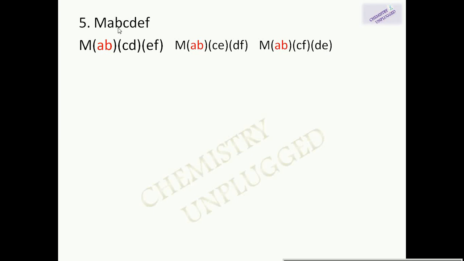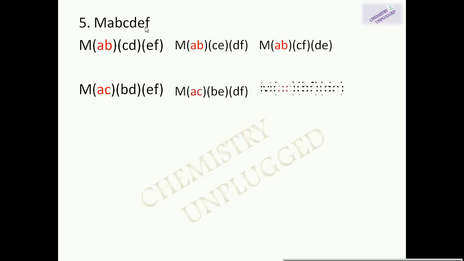So when we keep AB constant, then C can combine first with D, then E, and then F. So we will follow this pattern. Now we will keep A and C constant, and we will combine B with D, then with E, and then with F. So there are 3 possible isomers when A and C are trans to each other.